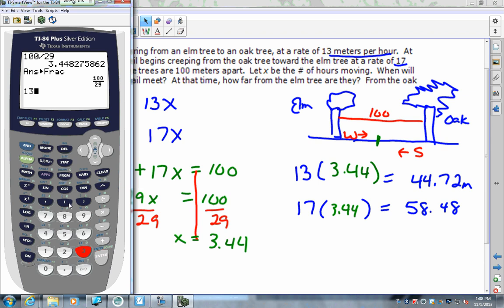13 times 100 divided by 29 is 44.82. 17 times 100 divided by 29 is 58.62.